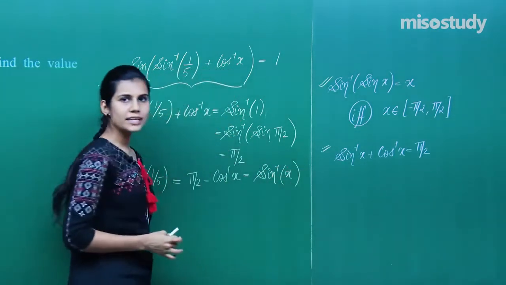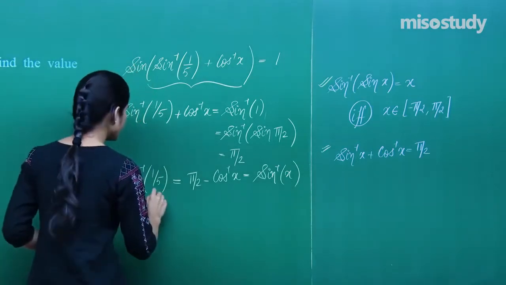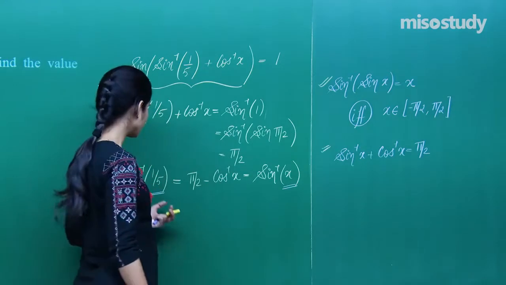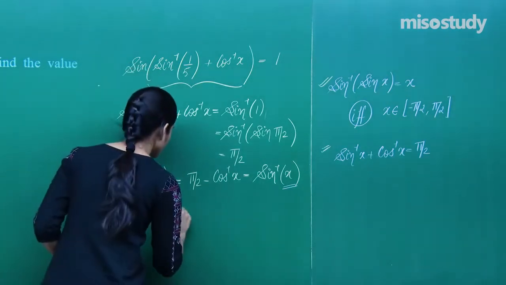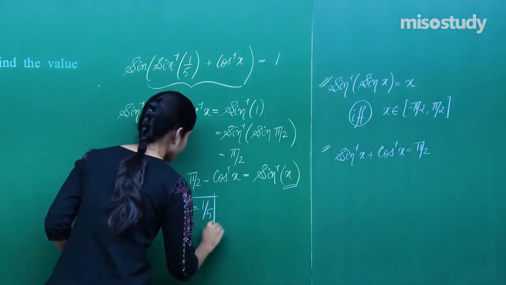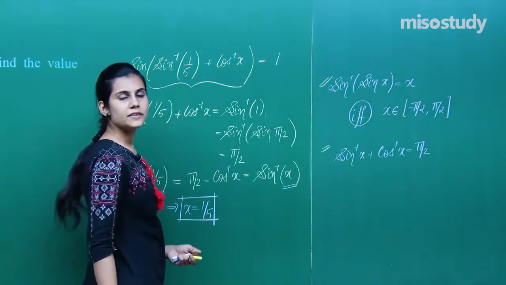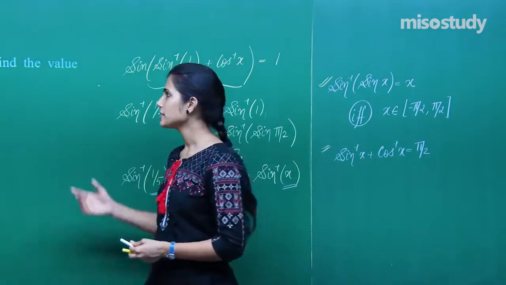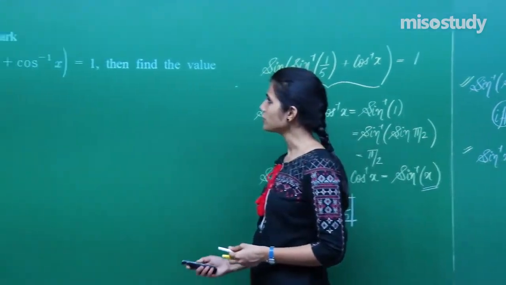Now you all know sine inverse is a 1-1 function. Sine inverse of an angle is equal to sine inverse of the other angle. That can only be possible if both these angles are same, which implies x is equal to 1 by 5, since sine inverse is an injective or a 1-1 function. You have got the value of x, and that completes our discussion over the first question.